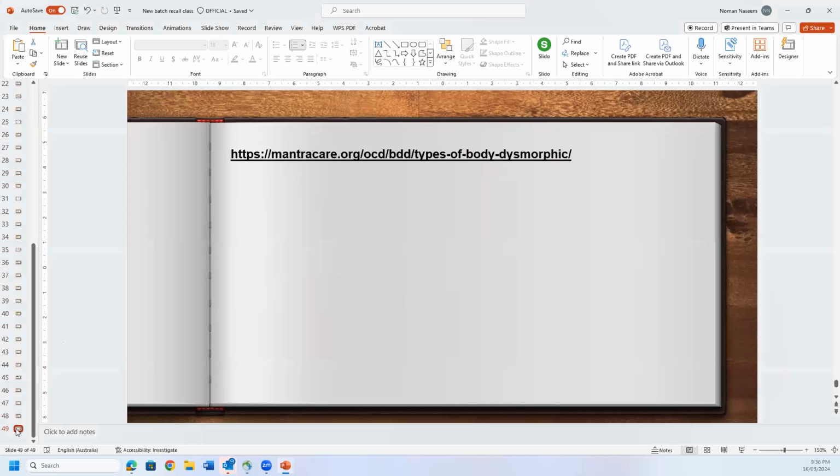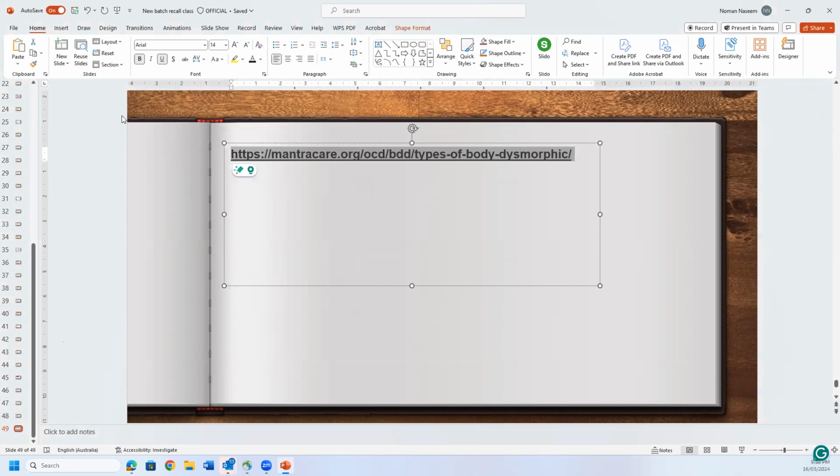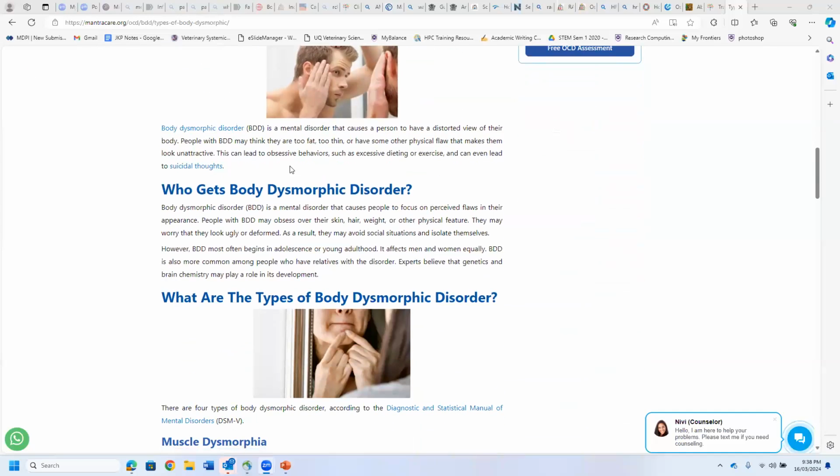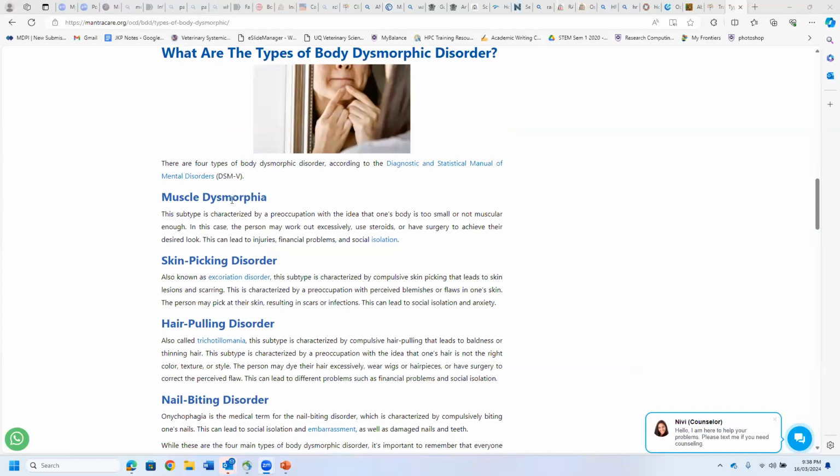If you guys look at this, looking in the mirror is also one of the pathognomonic symptoms, but just being concerned about a particular part of the body all the time, think about body dysmorphic disorder. If you look over here, it can be muscle dysmorphia.